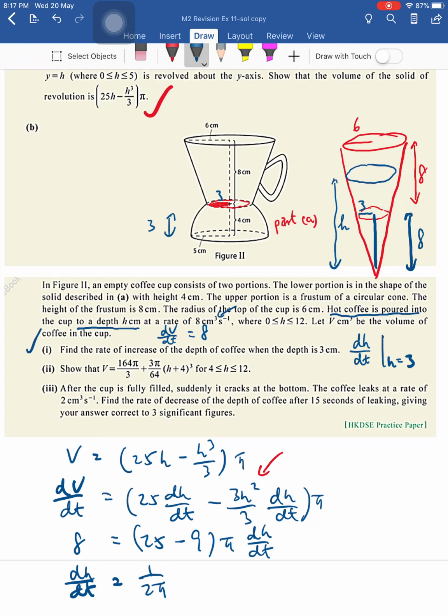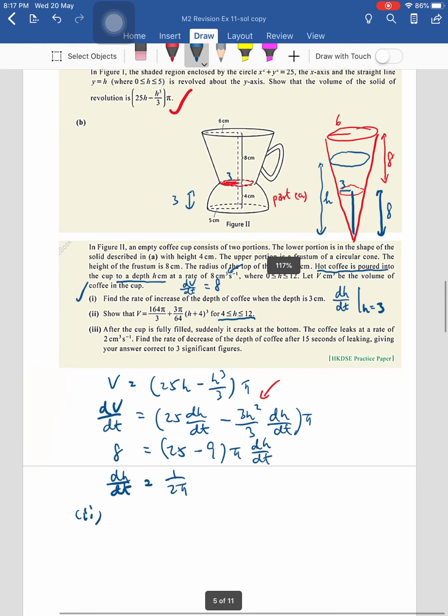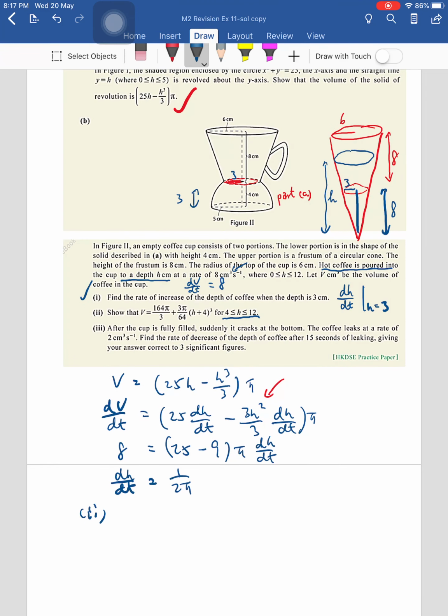And then I finish this part. In part 2, show that the volume is this one, so it goes to the fraction part. How to find out the volume? The bottom part is the volume of this one: 25 and the height now is 4.